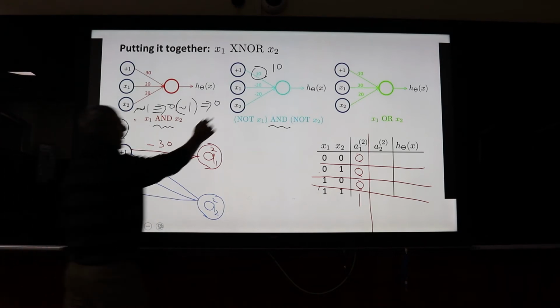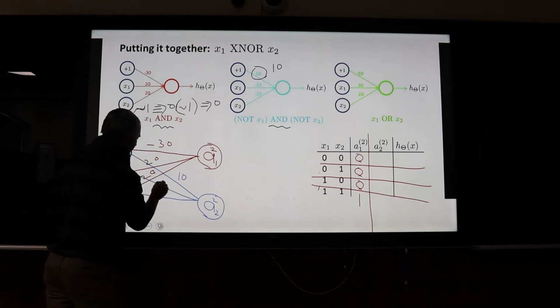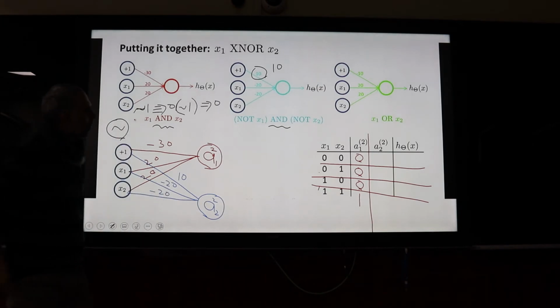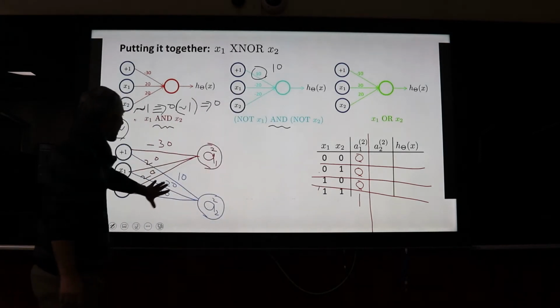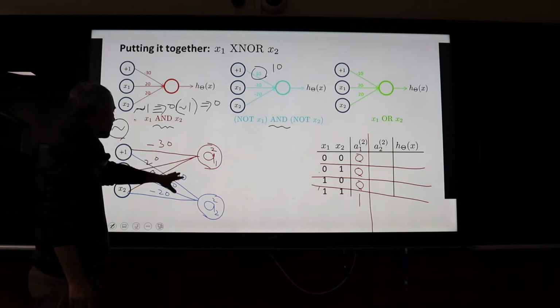The weights, let's say here 10, negative 20, negative 20. We will substitute all these again in the sigmoid function, and for simplicity I will calculate it as it is.